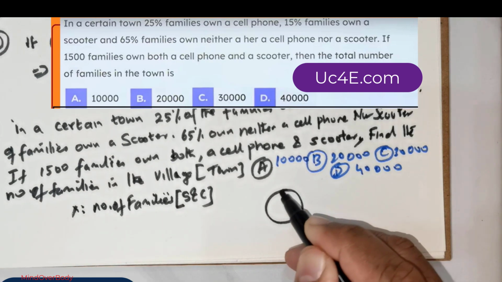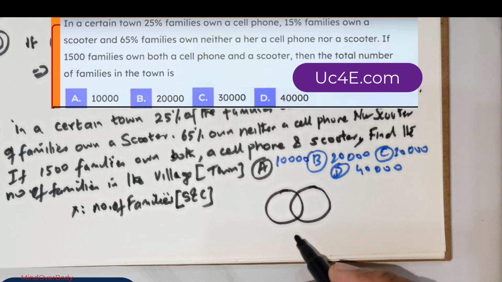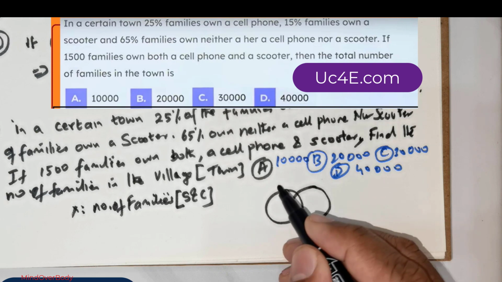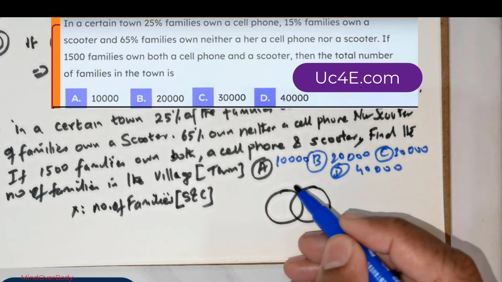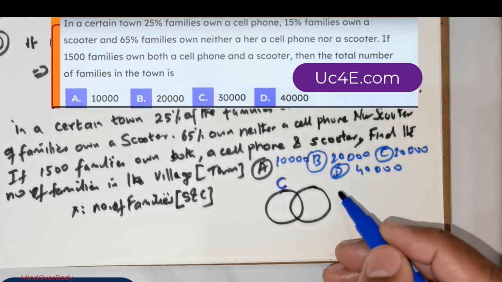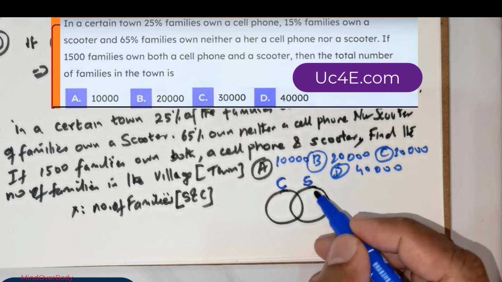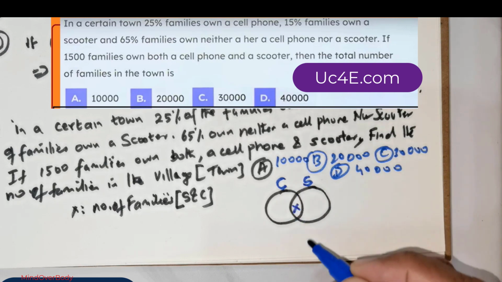So let me draw the Venn diagram. Now this is going to be families which are owning a cell phone, and families which are owning a scooter, and families which own a scooter and cell phone to be X. This is percentage.